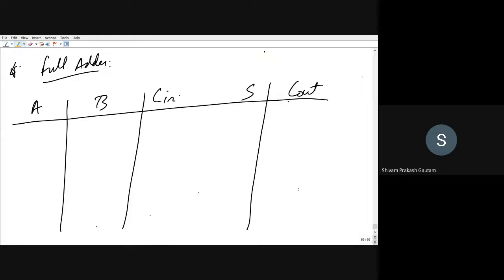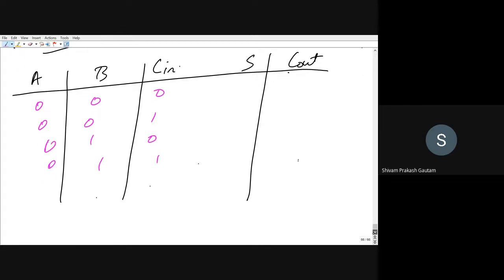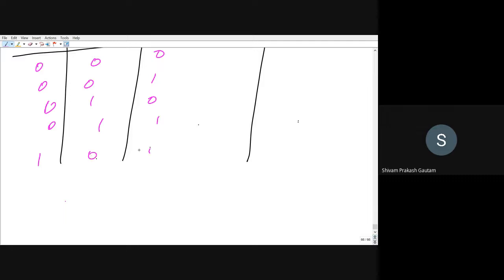So here again, we have to fill in 0 0 0, 0 0 1, 0 1 0, 0 1 1, 1 0 0, 1 0 1, 1 1 0, 1 1 1.